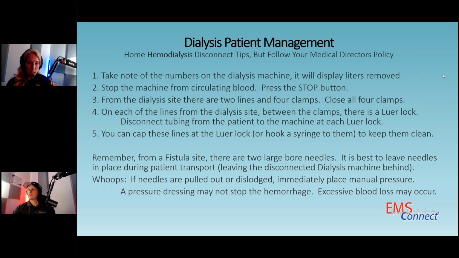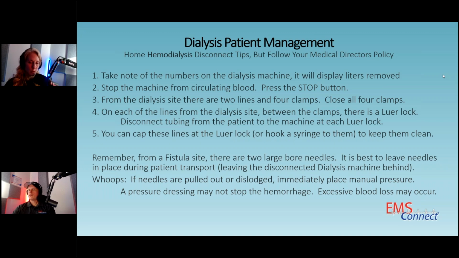Then there's a hub that you can unscrew the line from the patient to the machine. So there's 2 hubs, 4 clamps. Clamp all 4, unscrew each hub. Don't take any needles out. Don't remove any lines. Don't waste time. Just secure it, wrap it if you have to, and make sure that arm stays fairly straight because there are probably needles and tubing there.